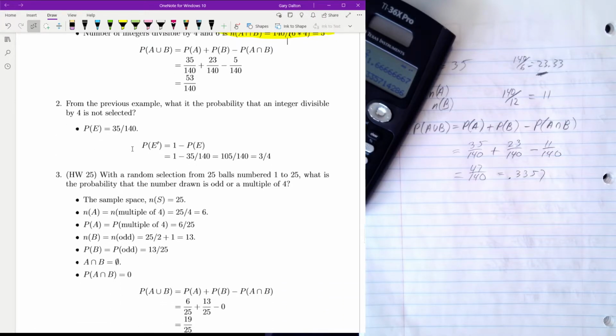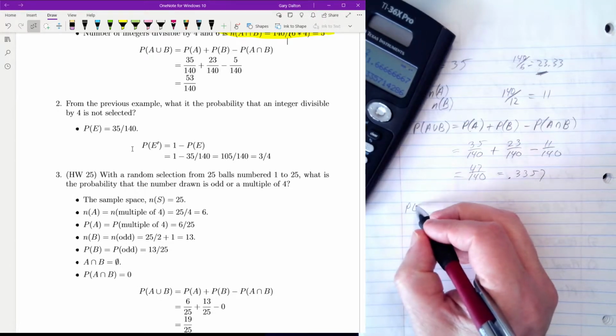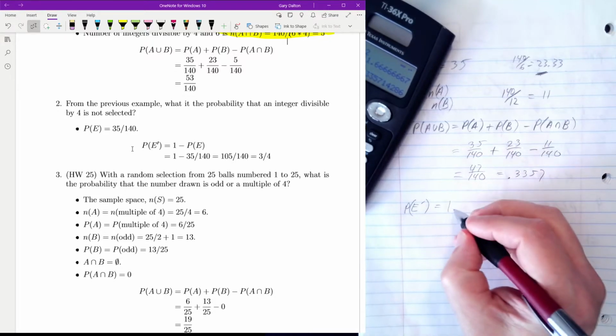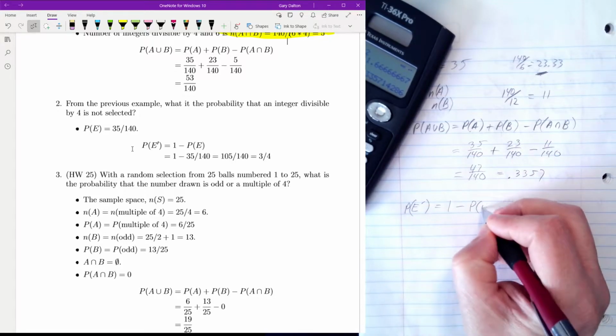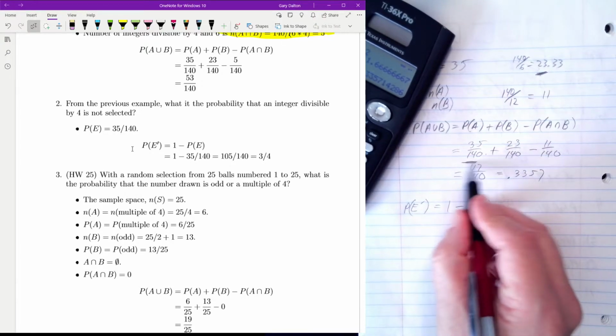So from the previous example, what is the probability that an integer divisible by 4 is not selected? So recall that the probability of not an event is equal to 1 minus the probability of the event. That's this one right here.